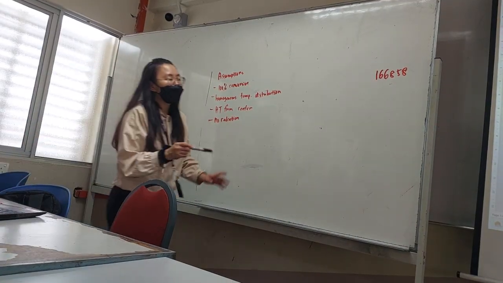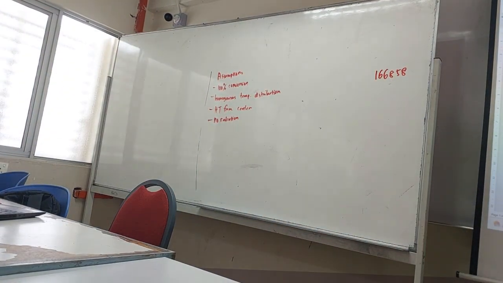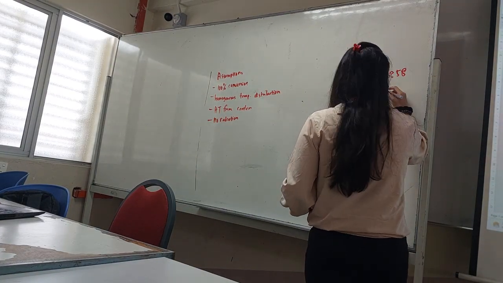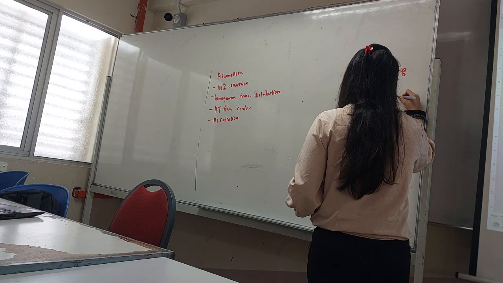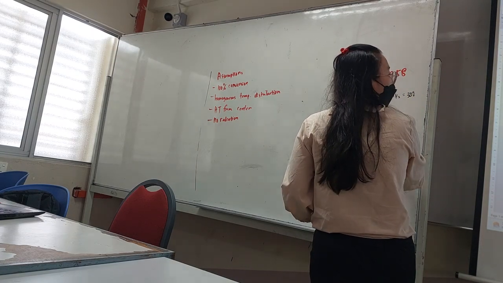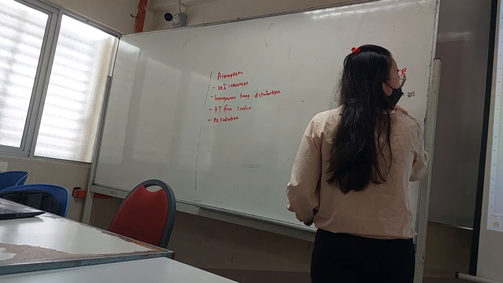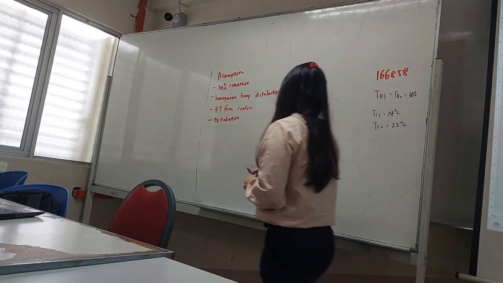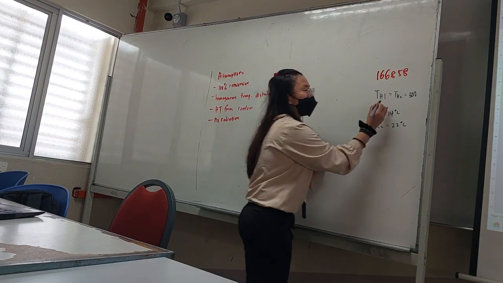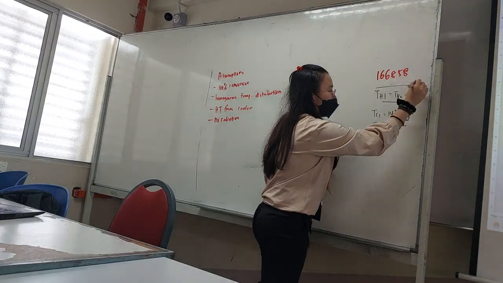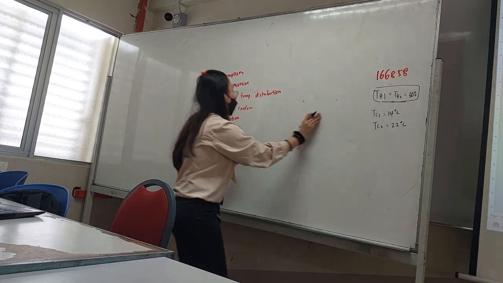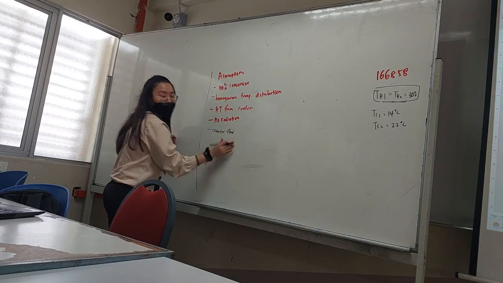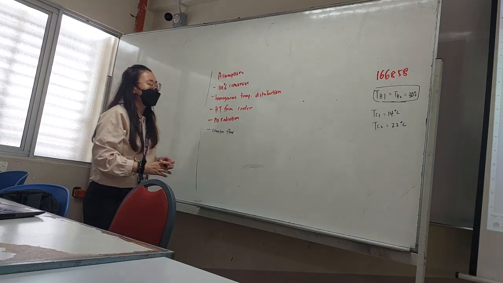The question gives you that the temperature of the steam remains constant, so TH1 equals TH2 equals 30 degrees Celsius. TC1 they give you already, 14, and TC2 is 22. So if one side has the same temperature, normally they prefer to have counter flow.